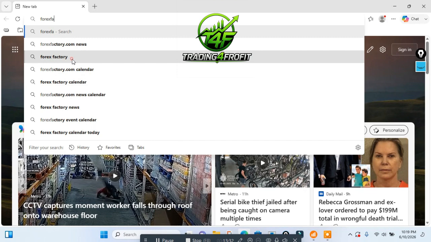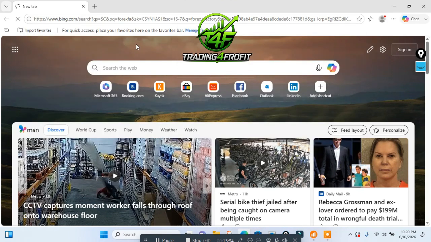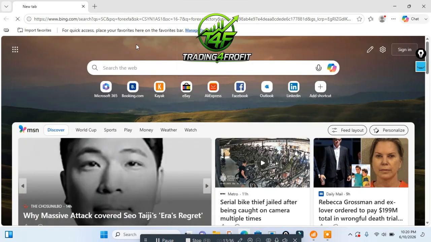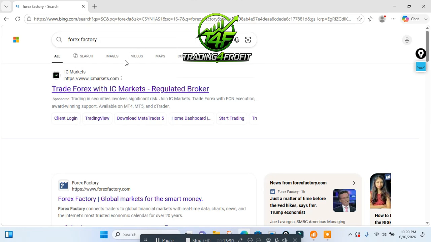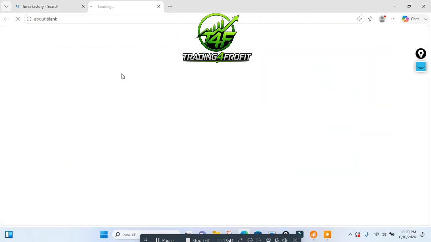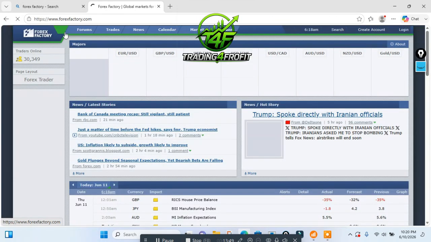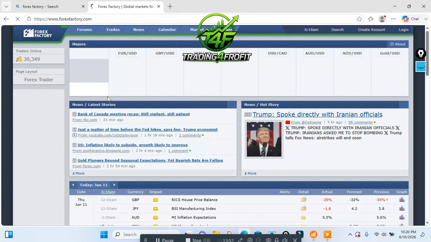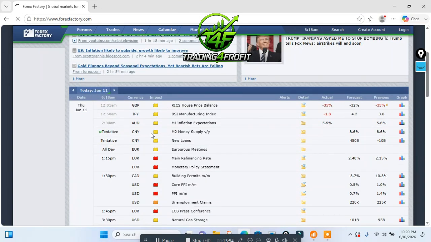Okay. Once you come to Forex Factory, you can see markets, the volume of each market you want to trade. Today you can see there's currency pairs here.